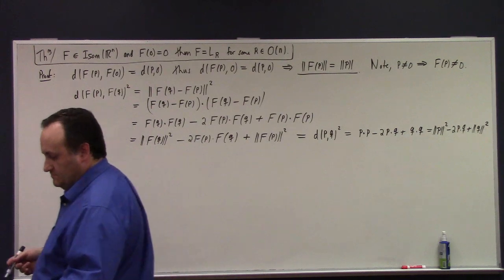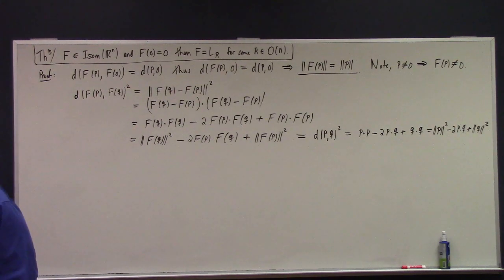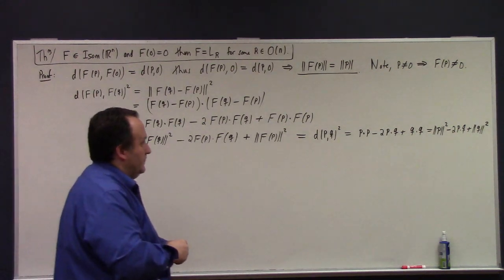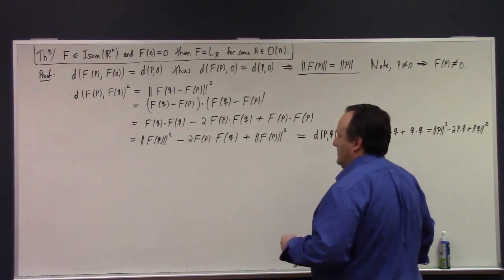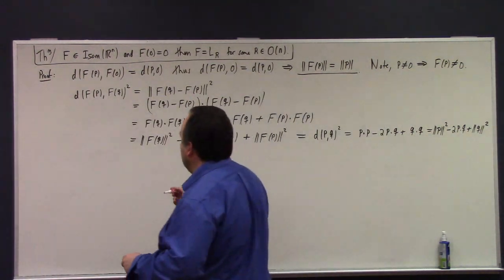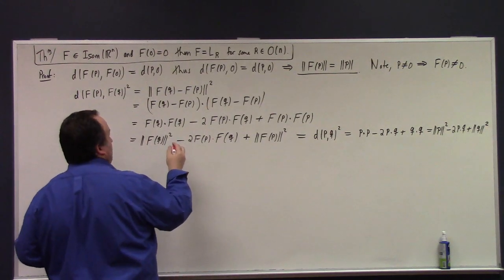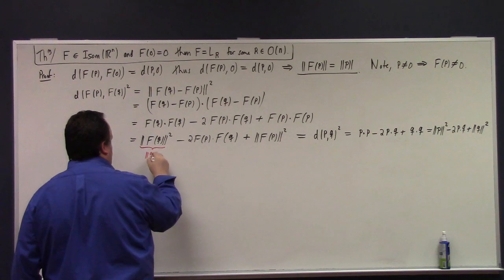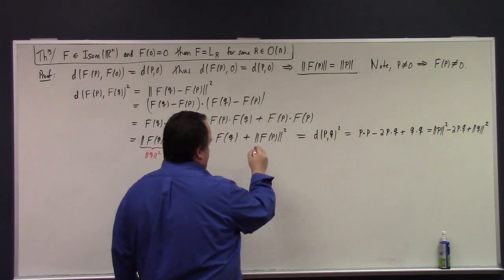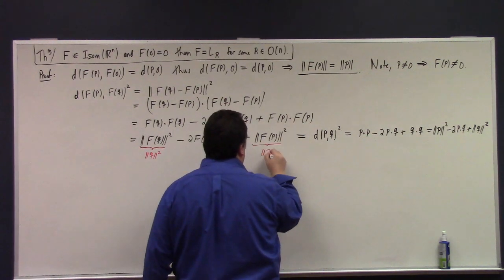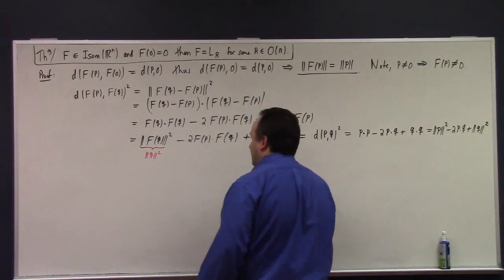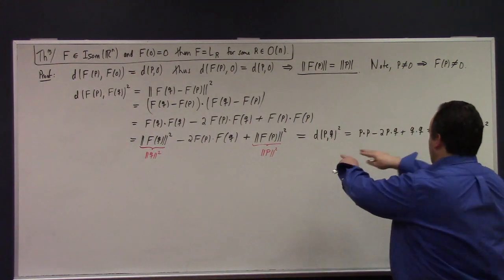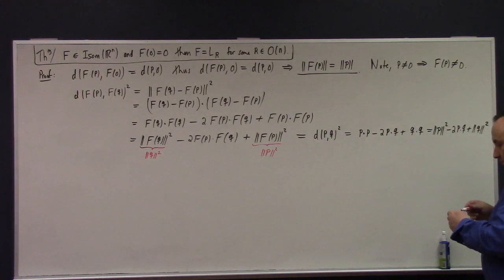What does this tell us? Notice that by the upper part of the proof here, this is the length of q squared. This is also the length of p squared. So look at this. What does it give us?